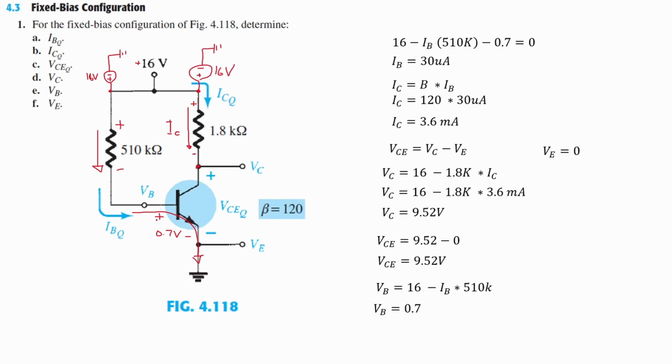And what happens when we oppose the current is that we have voltage rise. Okay? So, start tayo dito sa VE, which is the 0 volts. And then, we're opposing it. Dito, paakyat tayo papuntang VB. Mayroon tayong 0.7. So, in this case, kung we are following the current, it is 16 minus the voltage. So, subtracting siya. Dito, if we're opposing the flow of the current, so, from 0 na node, and then paakyat tayo, we will be adding.